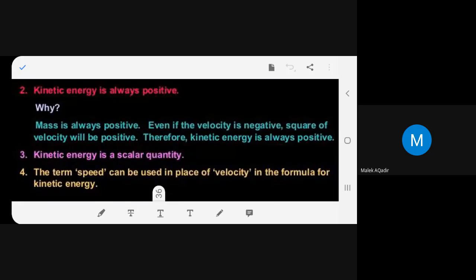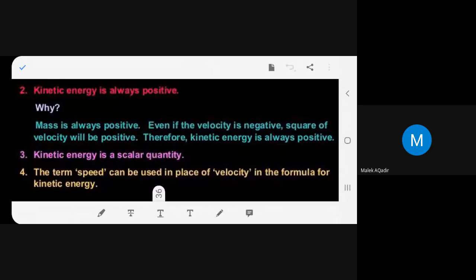But we are doing square of velocity, so if you make it square, it becomes positive. Mass is positive, velocity may be negative, but the square of velocity becomes positive. So kinetic energy is always positive.